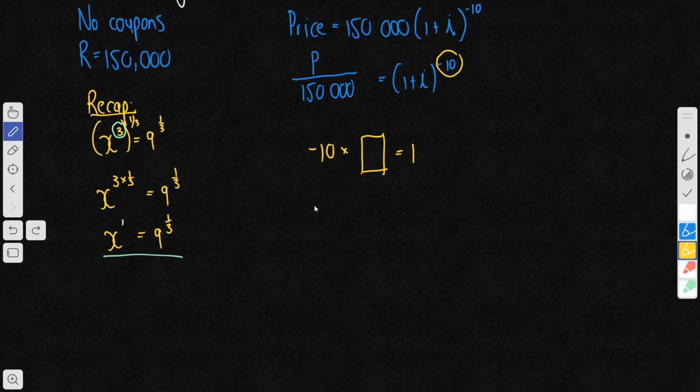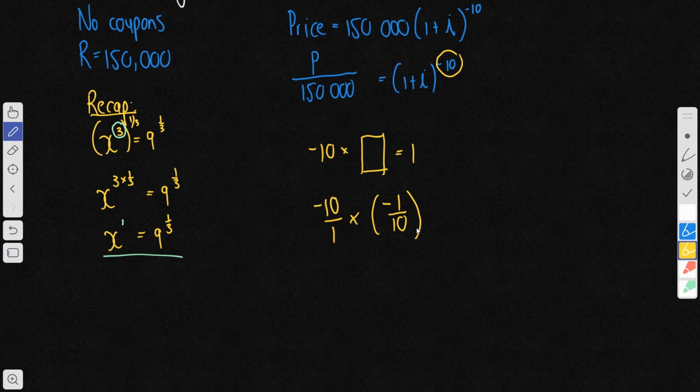You need to remember that minus 10 can be written as a fraction, minus 10 over 1. To calculate this unknown number, we flip the fraction. That will be minus 1 divided by 10. So we swap the numerator and the denominator.